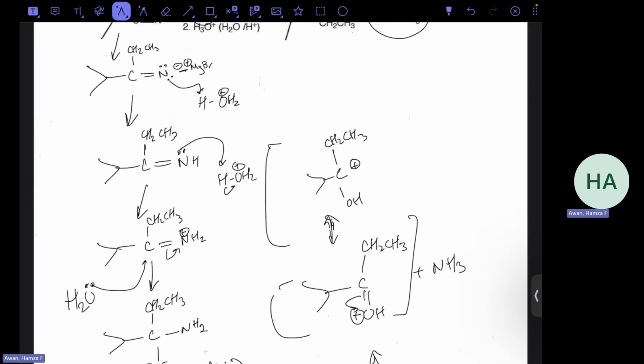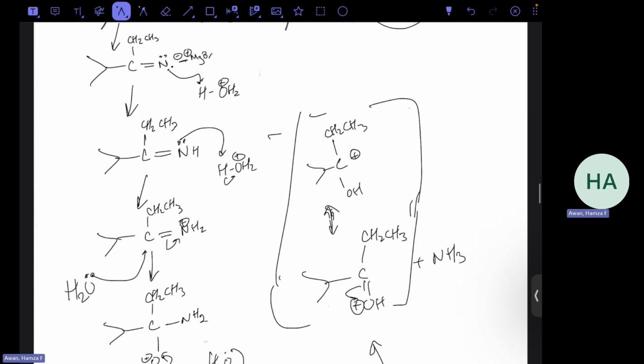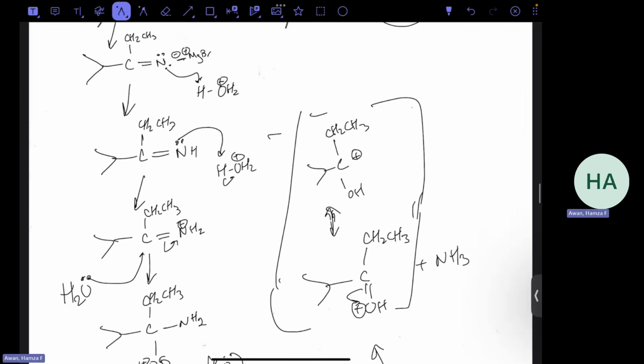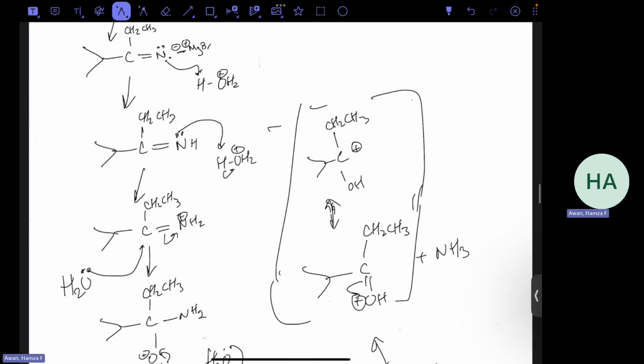So these are all the resonance structures that we have.